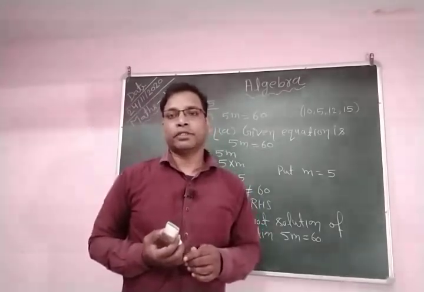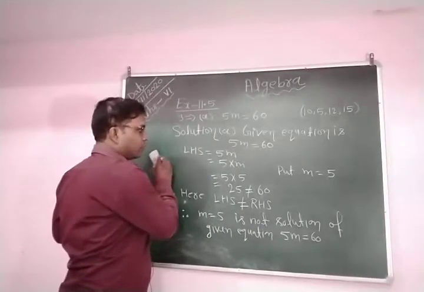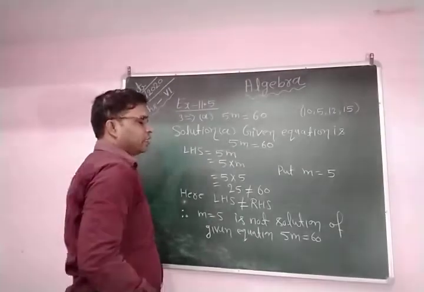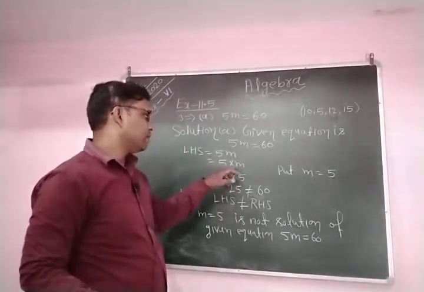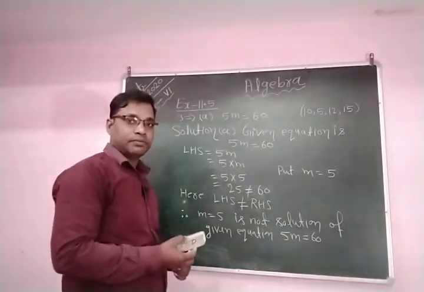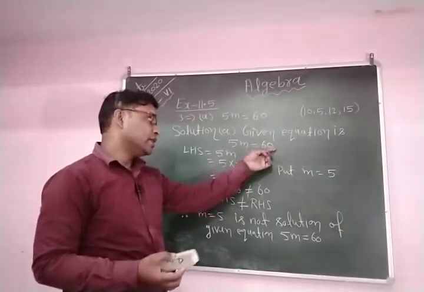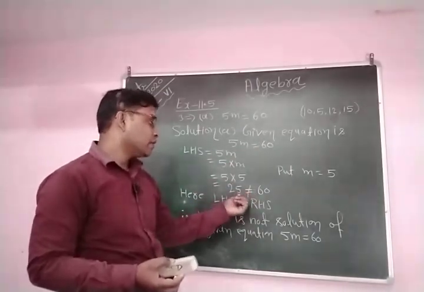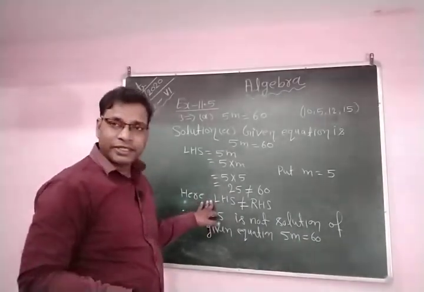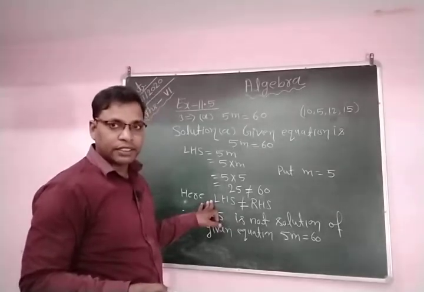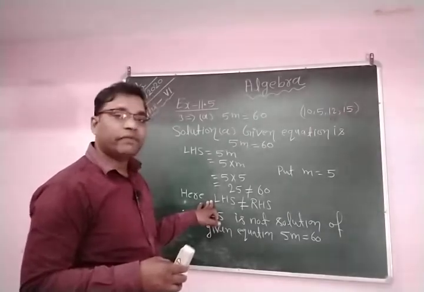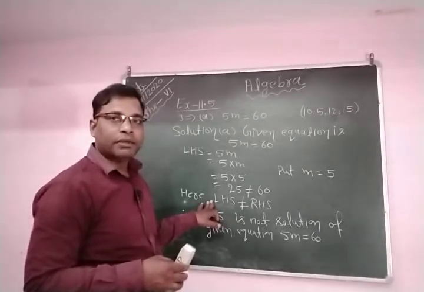Here, the left hand side is 5m; you replace m by 5 and obtain 5 into 5, which is 25, but our right hand side is 60. 25 does not equal 60, so the left hand side is not equal to the right hand side. In each case where they are not equal, the value of m is not a solution of the given equation.